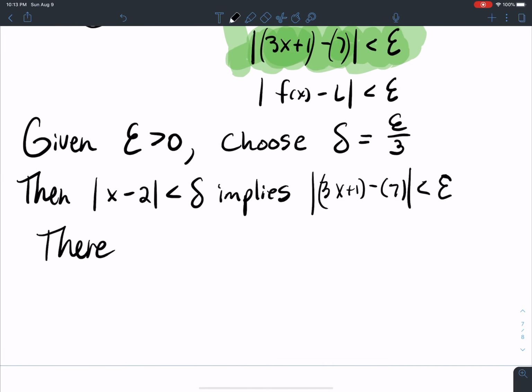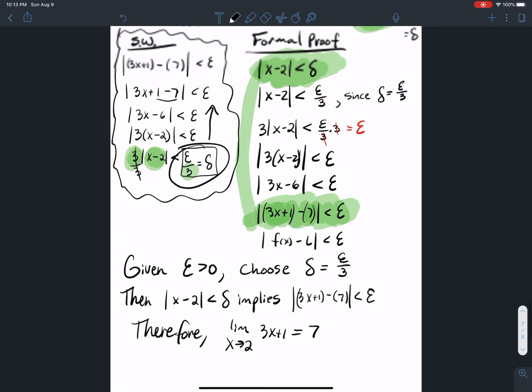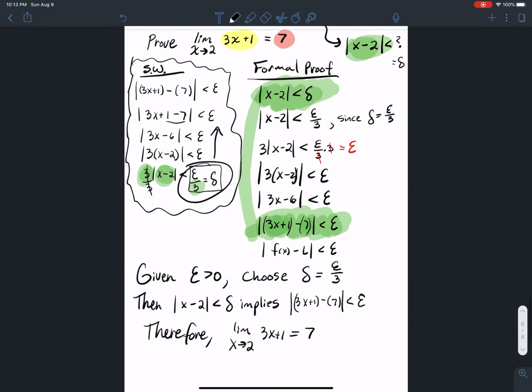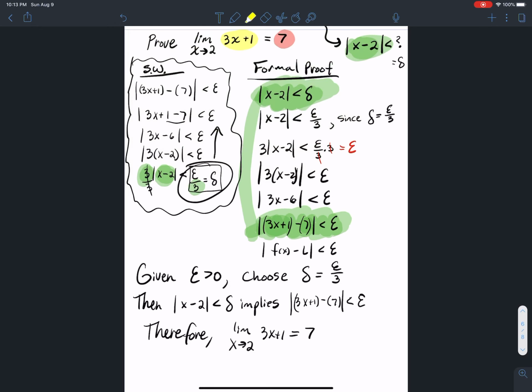Therefore, the limit as x goes to 2 of 3x plus 1 is equal to 7. That is our conclusion. Okay? So that is everything in one shot for you. So when I talk about the format, what I mean here is this.